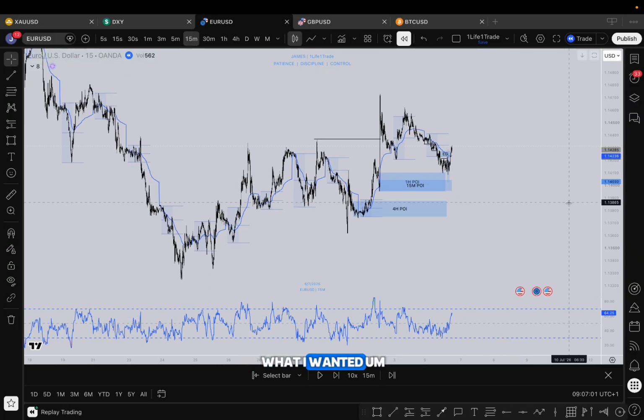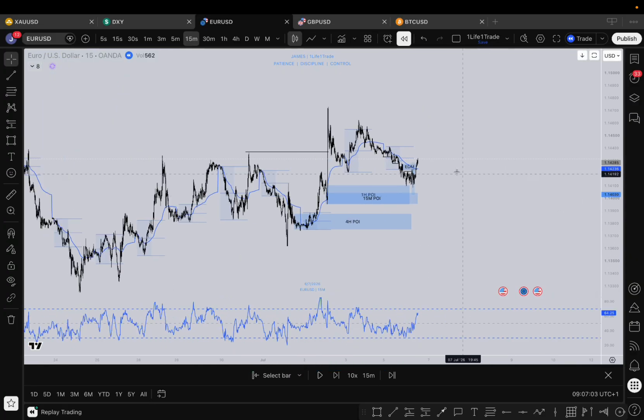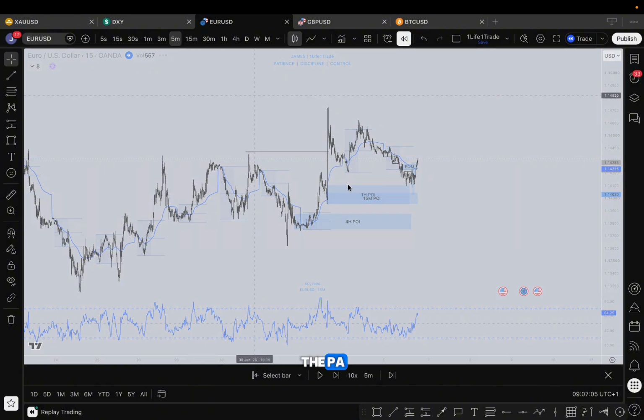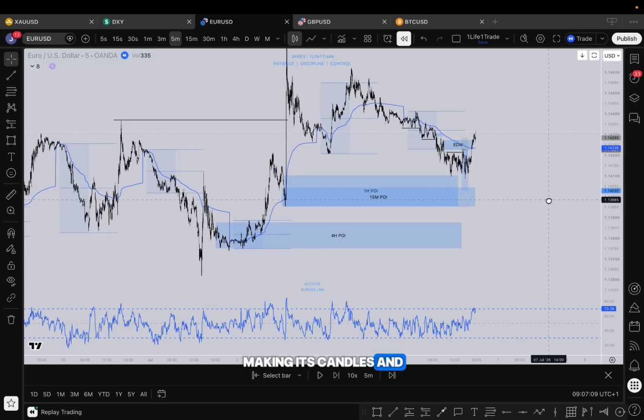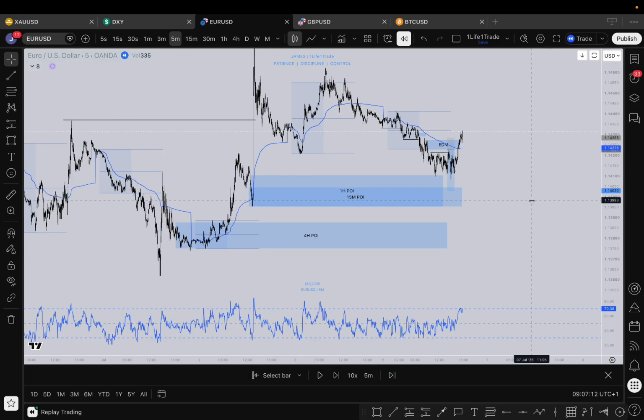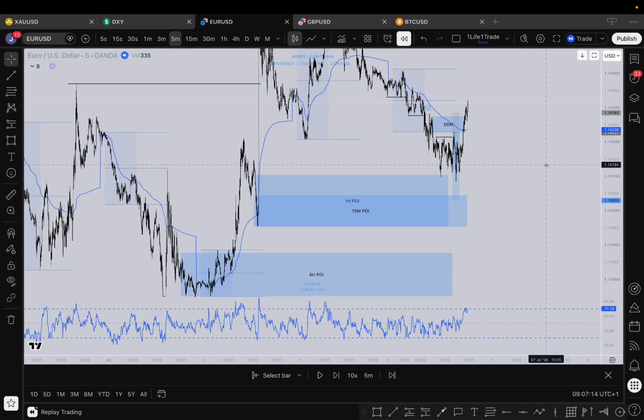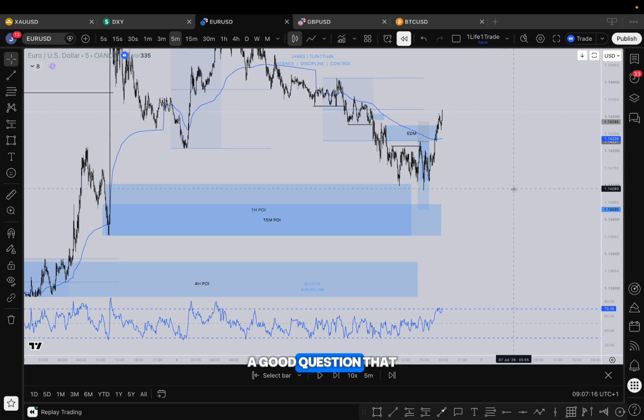That's what I wanted. But as the PA was making its candles and making its structure, what I could see here answers a good question that someone said they want to see more about: liquidity.